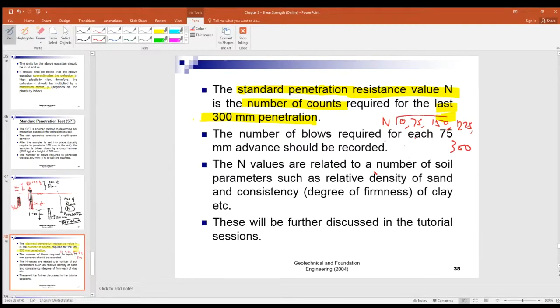So you need to record the number of blows at every 75 millimeters until you come to the 300 mm. That's the N value.